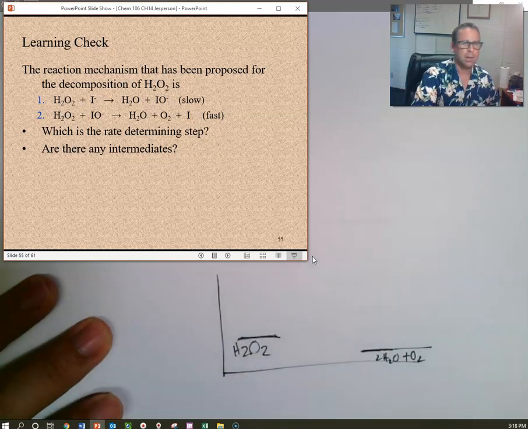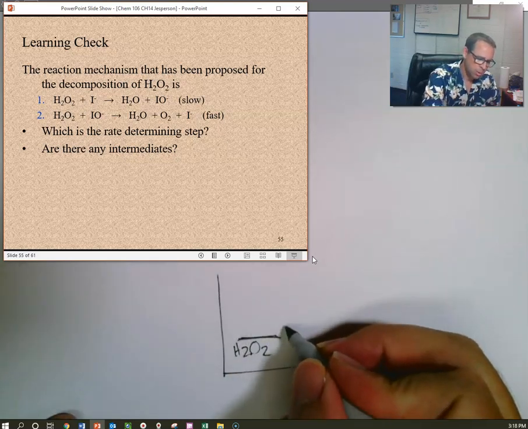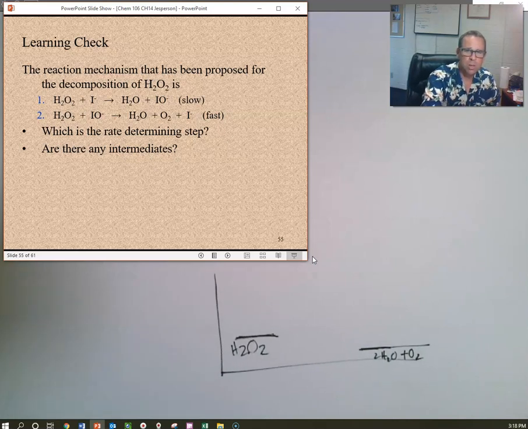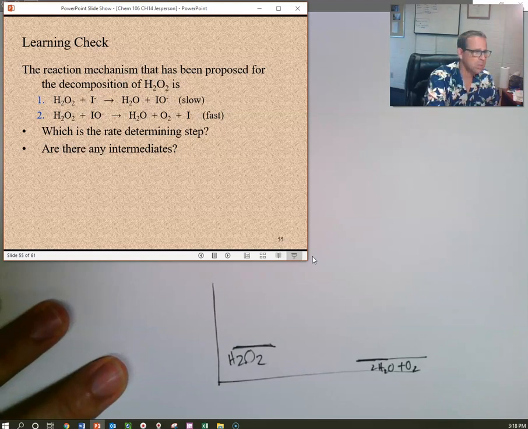And then we have 2 steps, right? We draw 2 bumps in here. Those are our 2 steps. One is slow and one is fast. There's an intermediate, so that's the valley in between the 2 steps. Which step, the first or the second, is going to be the higher bump, Jace?